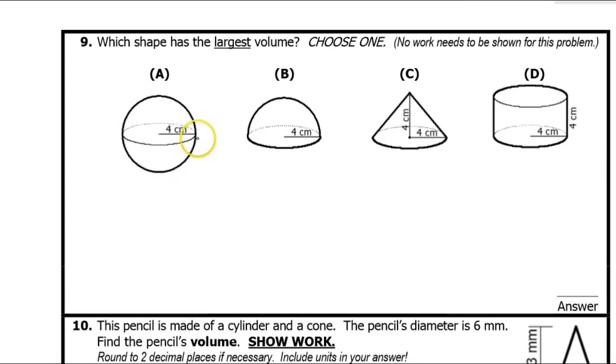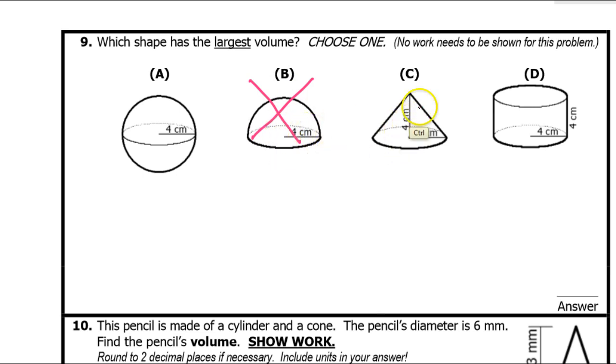Problem number 9. Which shape has the largest volume? Choose one, only one. I don't have to calculate the volume of each of these shapes. Clearly, option B is half of option A, so I can forget about option B. That's not going to be the largest.